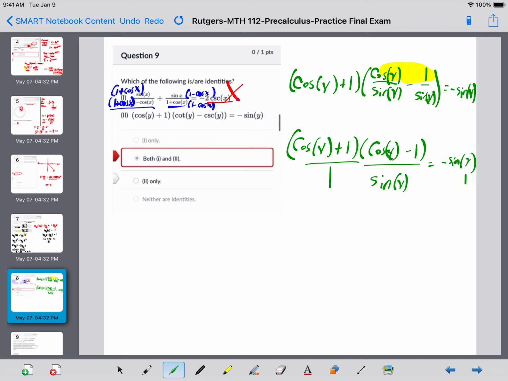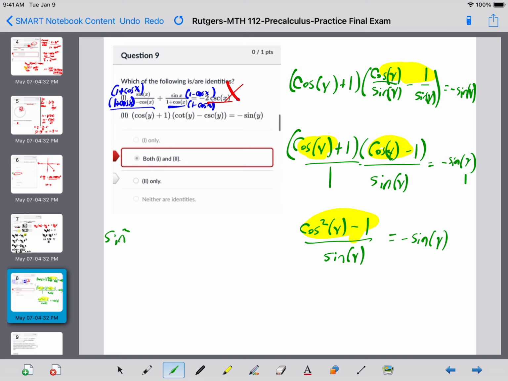Remember, this has a denominator of 1, and since it's multiplication, we're just multiplying. These are conjugates, so you're going to have your difference of perfect squares. So cosine squared of y minus 1 over sine of y equals negative sine y. And now, again, this looks like my Pythagorean identity.